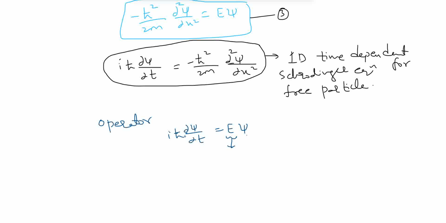Hence, when we operate with that operator, we get energy and the wave function. So the energy operator is i h cross dou by dou t.